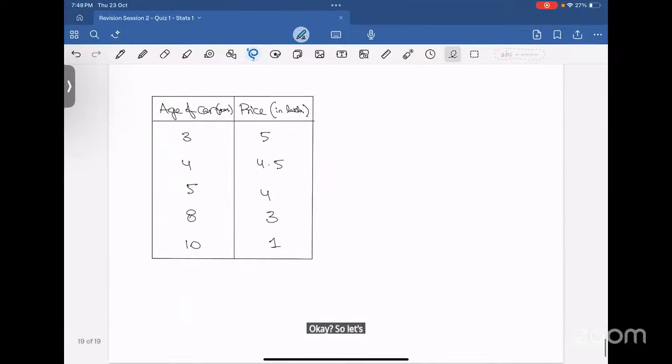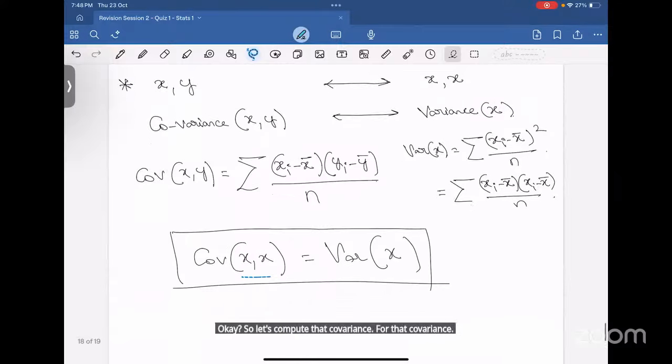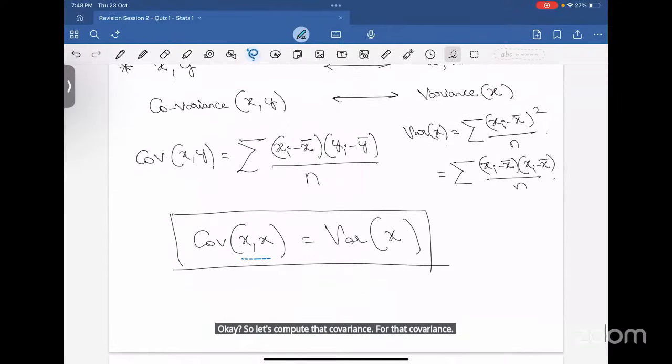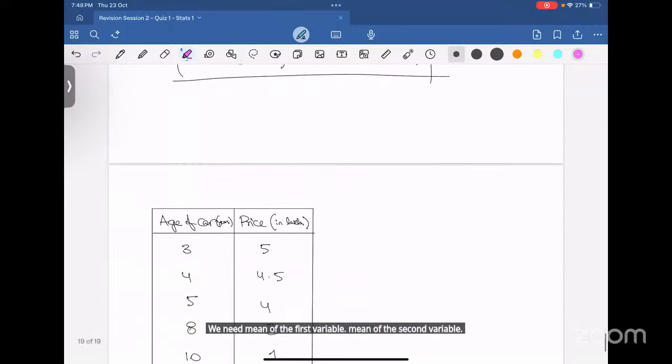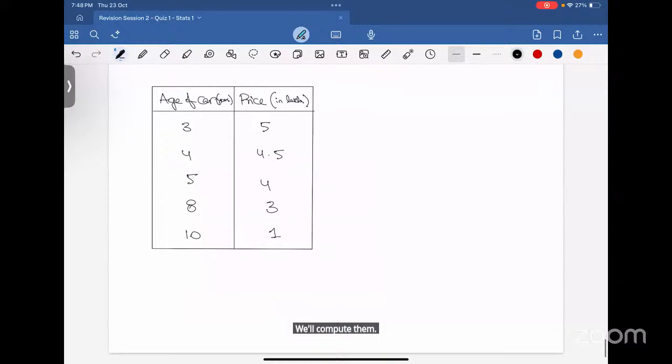So let's compute that covariance. In order to compute that, we need the mean of the first variable and the mean of the second variable. We will compute them. The first variable we are taking as age of the car and the second is price.